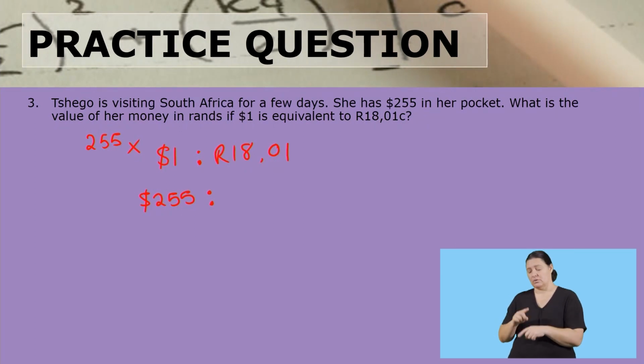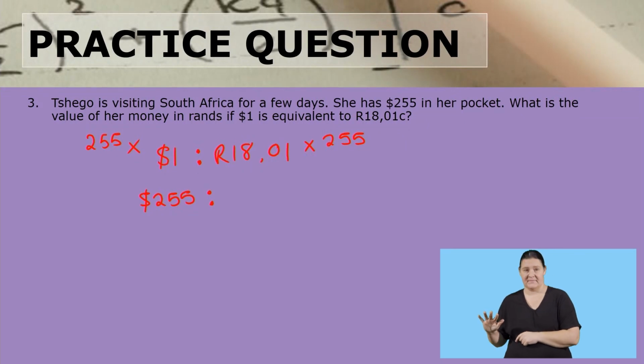And what I do on one side of our rate, we should also do the same thing on the other side. This means that this 18 rands and 1 cent, we are going to multiply it with 255.